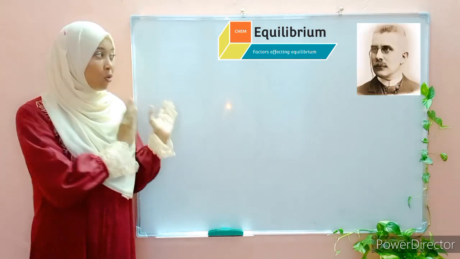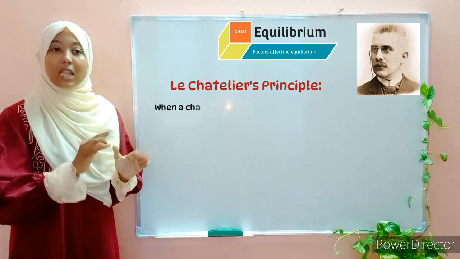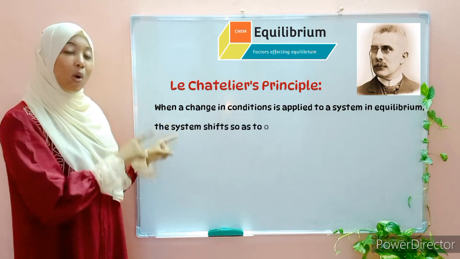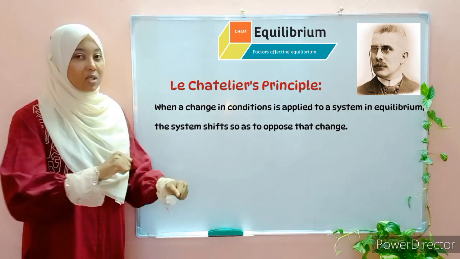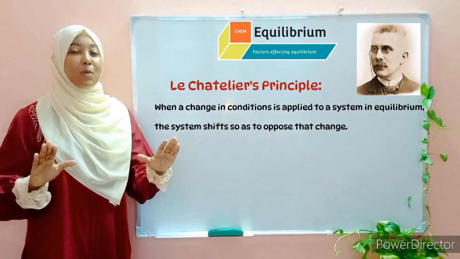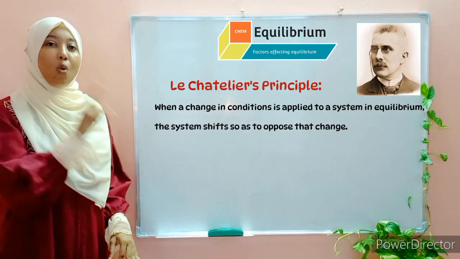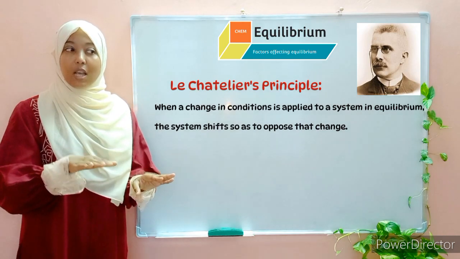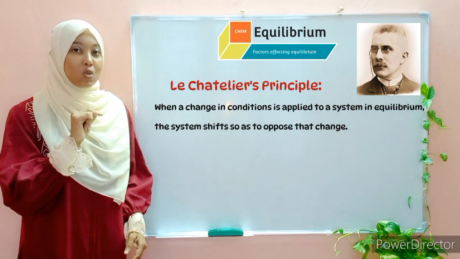According to Le Chatelier, he stated that if you were to change the conditions within a system that is at equilibrium, the system will react in a way that opposes the change. The basic explanation is this: you change any of the conditions in a system, the system will act in an opposite way. A good example is this: if you increase the pressure of a system, what will the system seek to do?